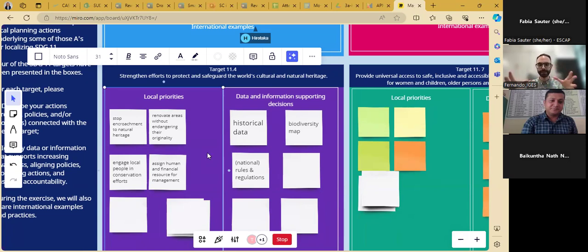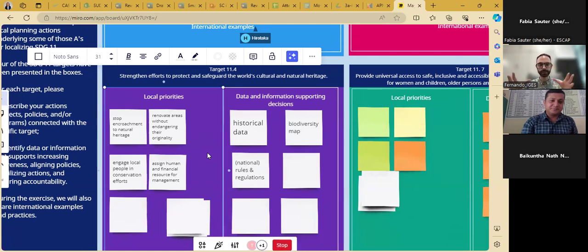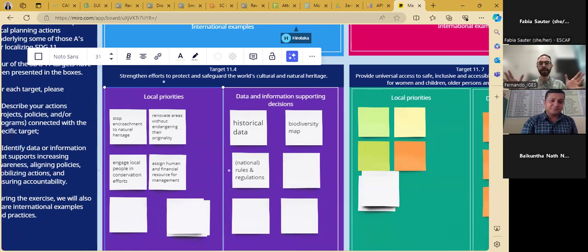So all your buildings, the neighborhoods, the historical quarters, maybe they are not World Heritage, but they are heritage to your city. They are heritage to your community, and that's very important to preserve. And sometimes just demolition to build new is not the best approach, while you also need to preserve and renovate while engaging with local community.